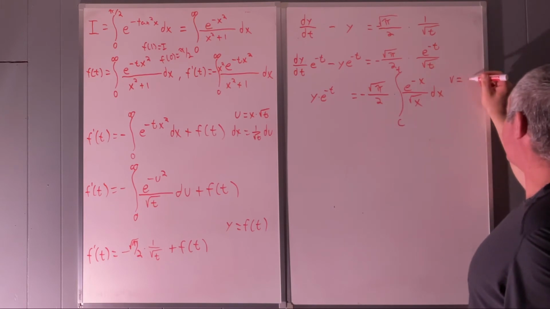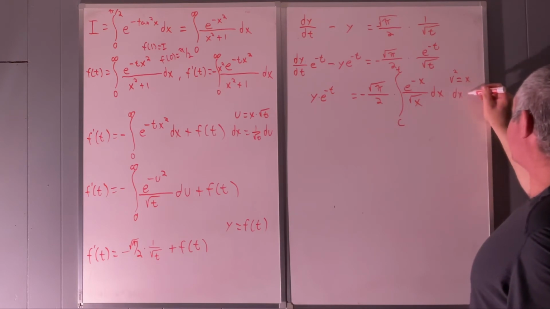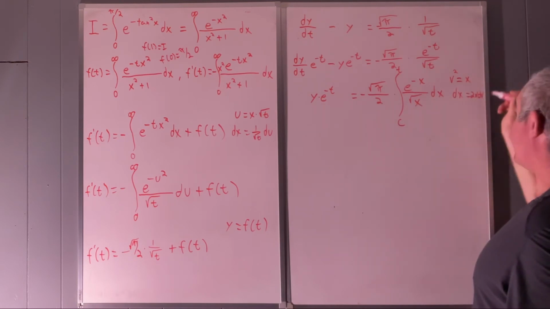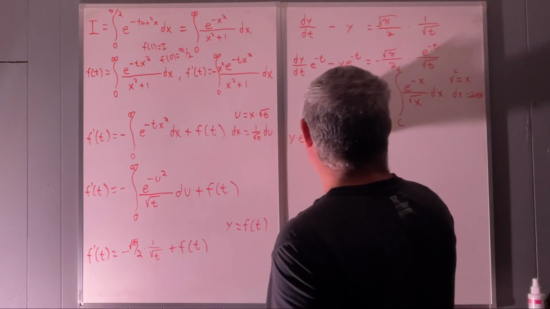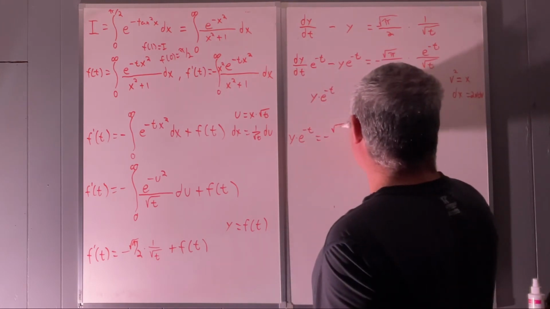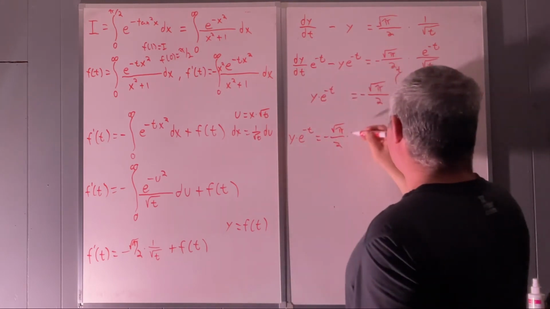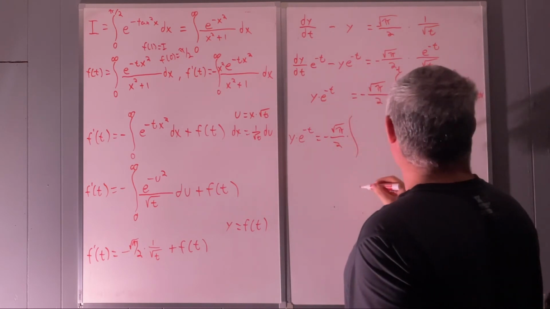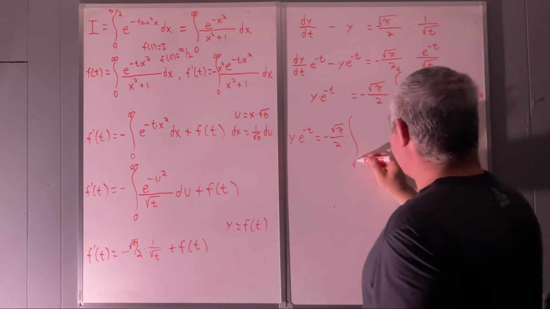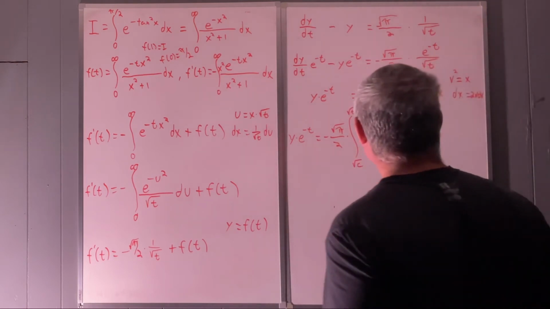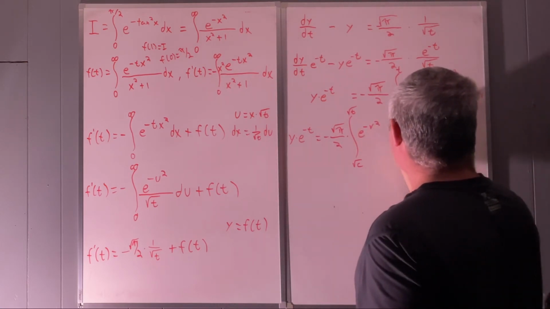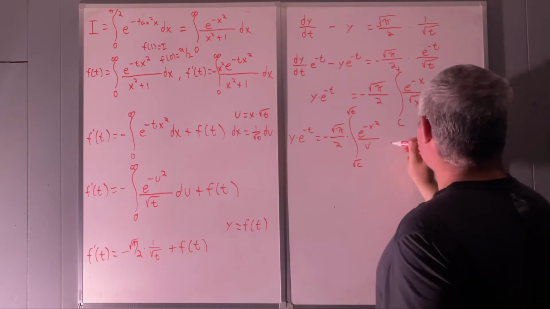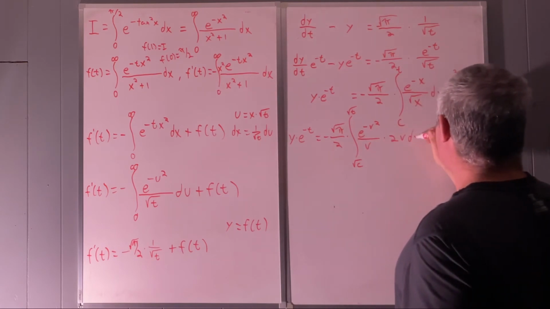v squared is equal to x, dx is equal to 2v dv. I have to be careful. All right, so we have y times e to the negative t is equal to negative square root of pi over 2 times the integral from square root of c to the square root of t, e to the negative v squared over v times 2v dv.